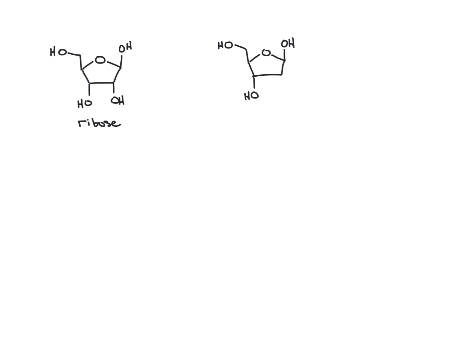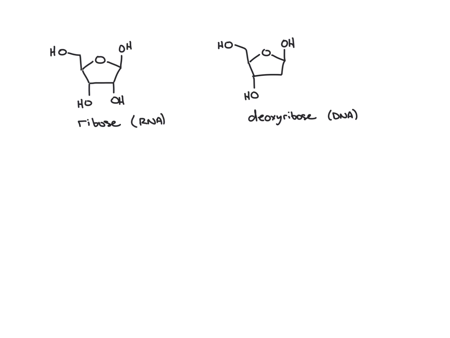And it's actually at this 2 position right here, where an oxygen can be lost, and that gives us deoxyribose. And the deoxyribose is the core structure for DNA, and the ribose is the core structure to make up RNA.